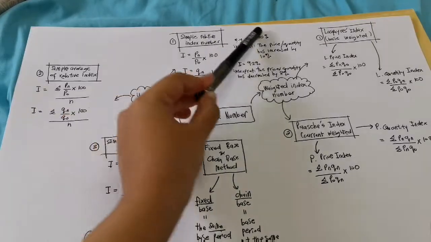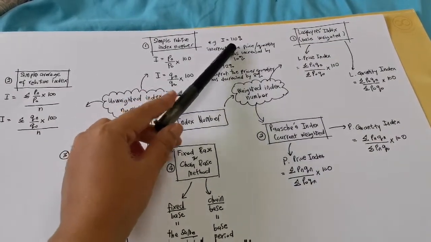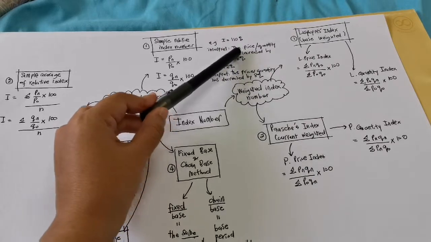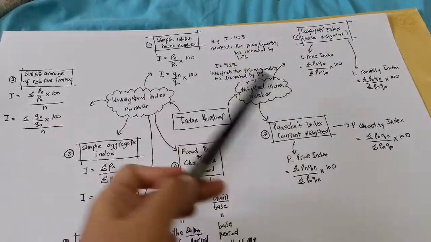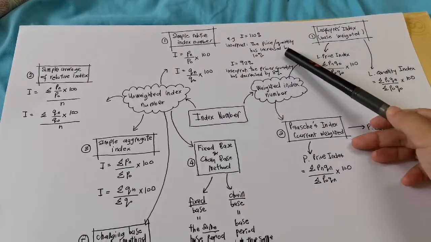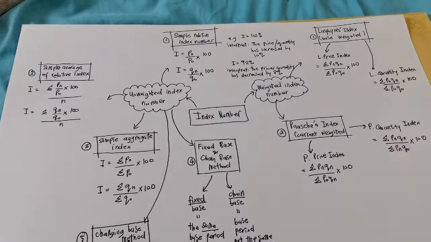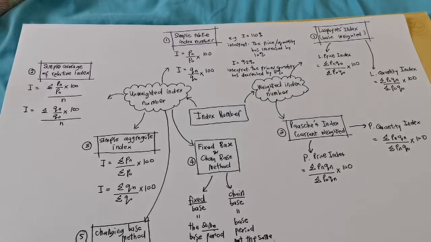Now I am going to show the way to interpret it. Let's say we get the index number equal to 110. The way to interpret would be that the price or the quantity has increased by 10%.